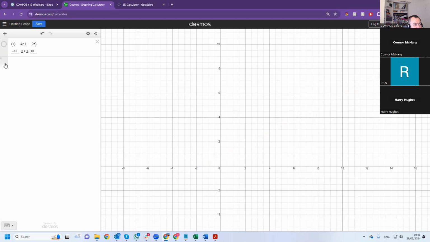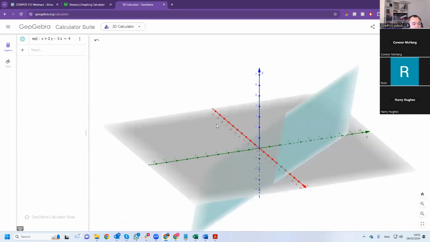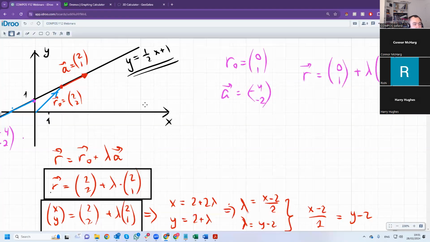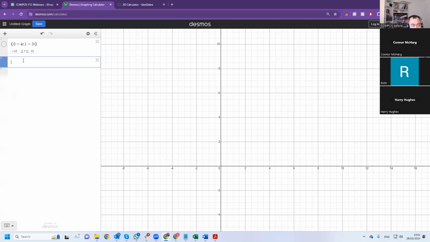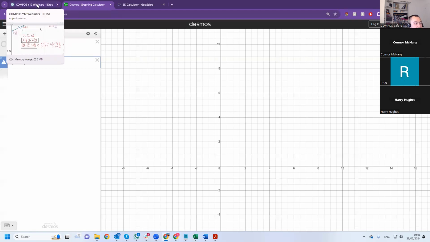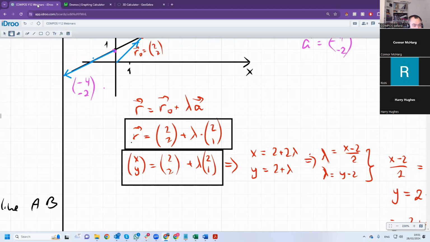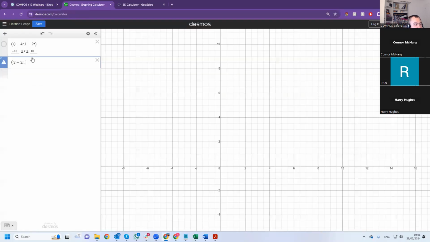Now I'm going to draw another one. What was the other one? The other one was x is 2 plus 2 lambda. So 2 plus 2t, comma, 2 plus 1t, 2 plus t.